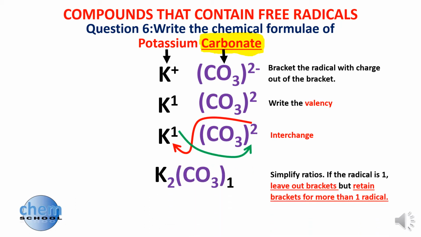From there, we simplify the ratios, but notice in this case that the carbonate is only 1. So we do not interfere with what is inside the bracket, we leave it as it is. But we remove the brackets and the 1, because the carbonate is only 1. Therefore, our final formula becomes as shown on this very page.